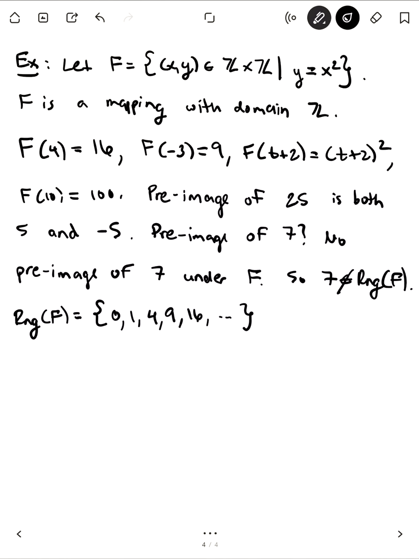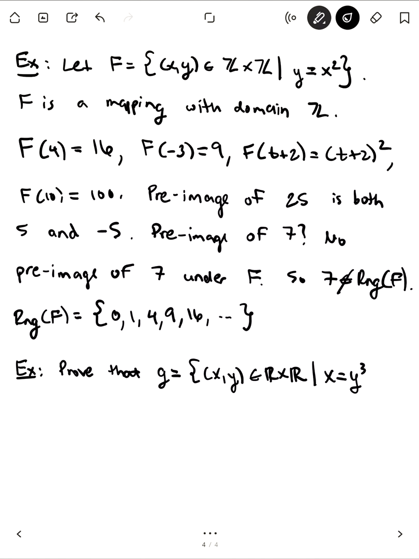Okay, so now let's look at a little bit more of an abstract example. Prove that g, which is a function, actually we have to prove it's a function, but say we have the set of ordered pairs taken from R cross R, such that x equals y cubed.